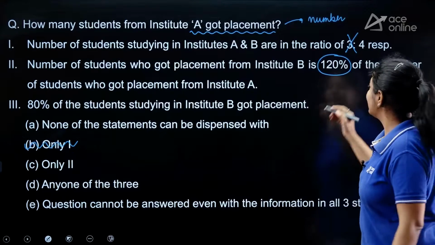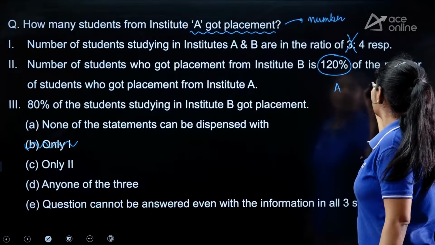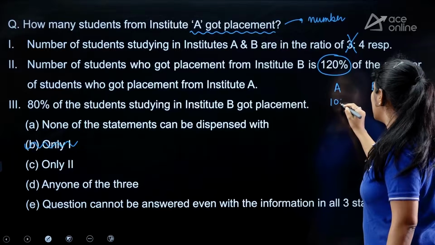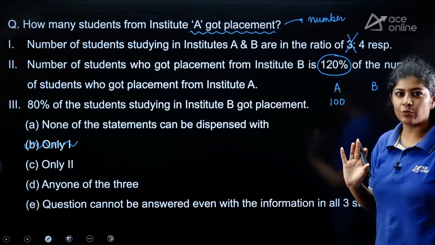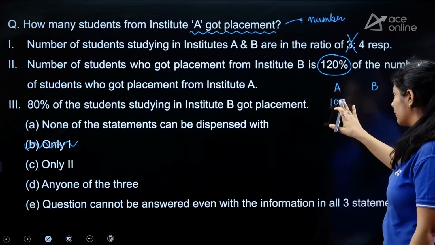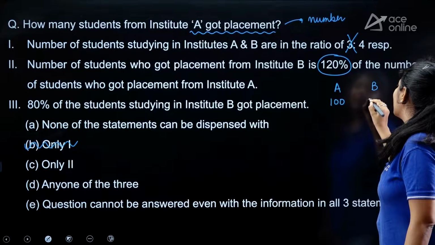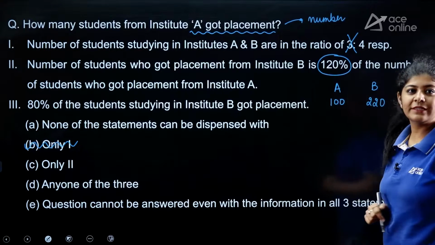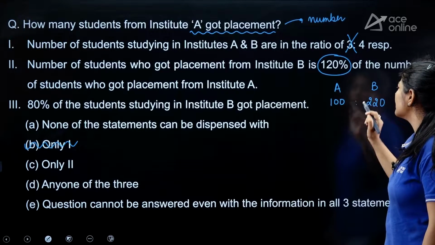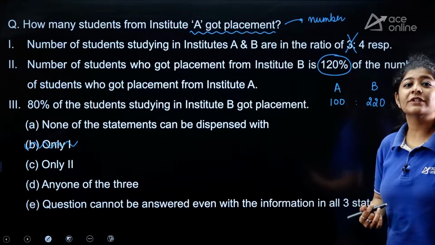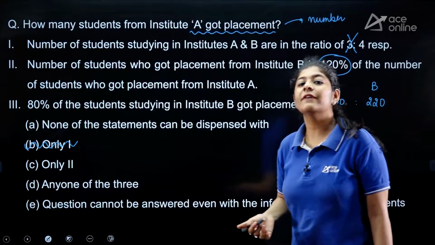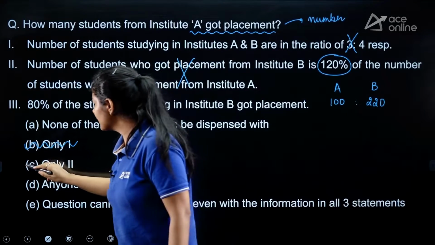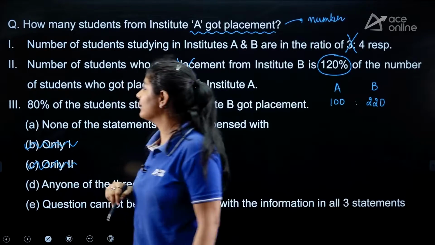All we can say is, let's suppose there are two institutes A and B, and if just 100 students got placed from Institute A, then from B there are 220 students, right? 120 more than this one. But this is our ratio, and we want the exact number. So are we able to define the answer with this one? No. If no, that means this option is also eliminated.